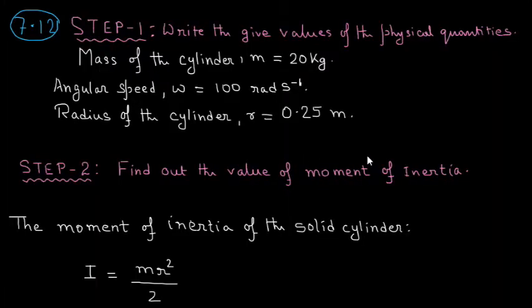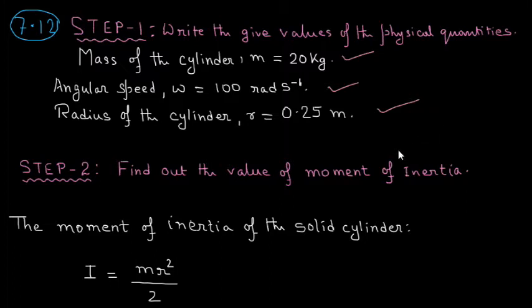The sum is solved in 4 steps. First step is to write the given values of the physical quantities given in the problem, which I have marked in yellow. Mass of the cylinder is 20 kg, angular speed omega is equal to 100 radian per second, radius of the cylinder is 0.25 meter.